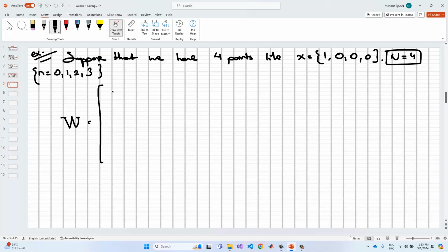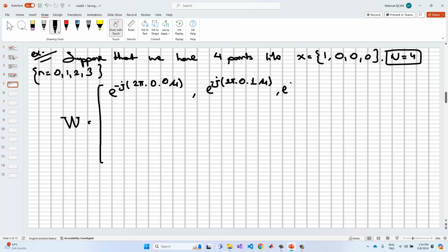This is the W value. First of all, the exponential term must be given in here: minus j times 2 pi times, just remember, n and k should be given in here, 0 times 0 divided by 4, right? This is the first term. And the second term, minus j 2 pi, this is 0 at the n, but the k must be equal to 1, right? And divided by 4.